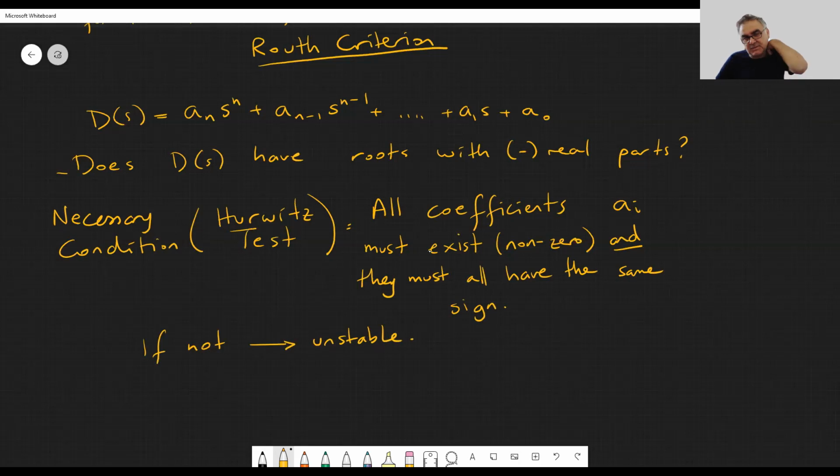But if this is satisfied, it doesn't mean that your system is stable. So it is a necessary condition, but not a sufficient condition, okay? If this is satisfied, this still does not guarantee stability, but non-existence of this guarantees instability, okay? This is not enough.